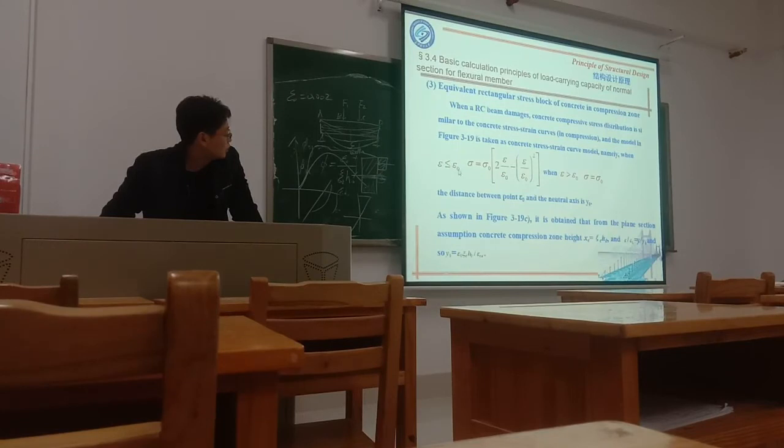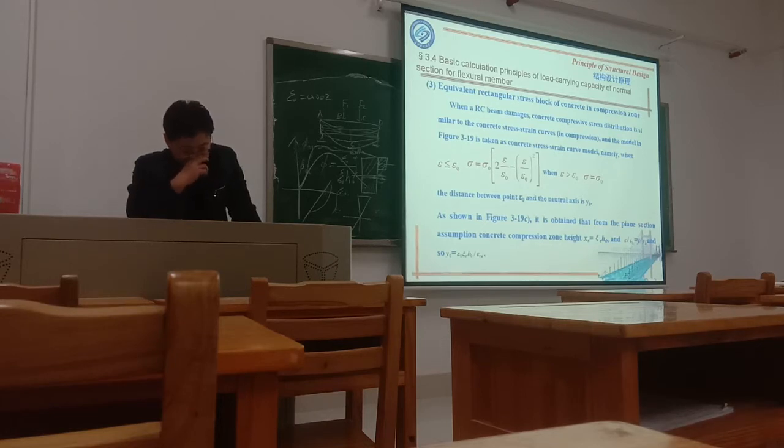When epsilon is smaller than or equal to epsilon 0, for the stress sigma we can use this formula. When it's larger than or equal to epsilon 0, the stress equals sigma 0. So we use this formula for the calculation.